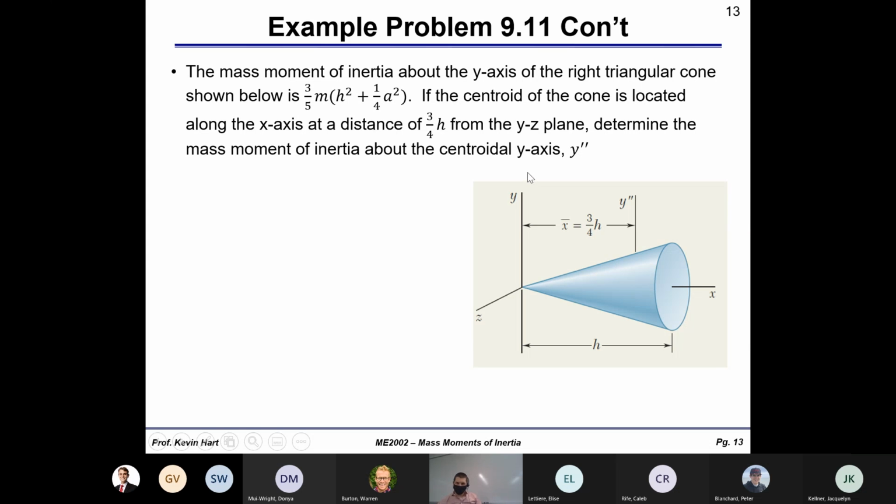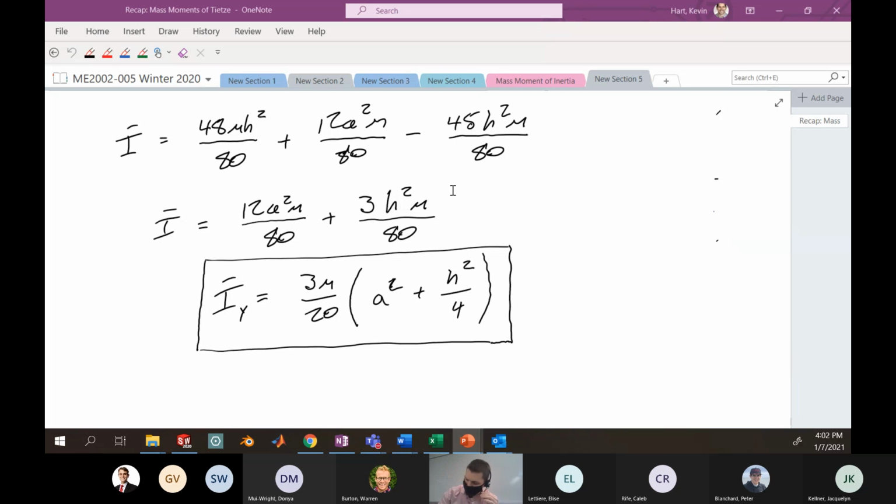And then we were doing an example where we were calculating the mass moment of inertia about the centroidal y-axis, given information that we had about this arbitrary y-axis out in space, and knowing that it's located at 3/4 h along the way. That's about where we left off, talking about parallel axis theorem and going through this example. And we had finished by writing here that your moment of inertia about the y-axis for this cone has this general expression.